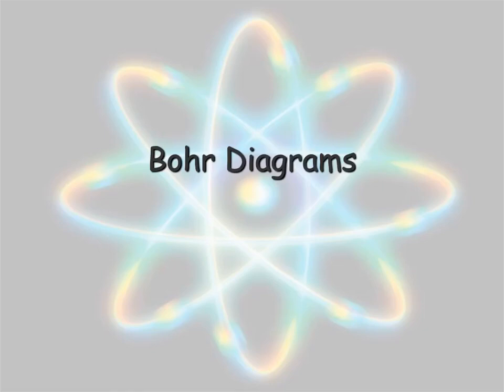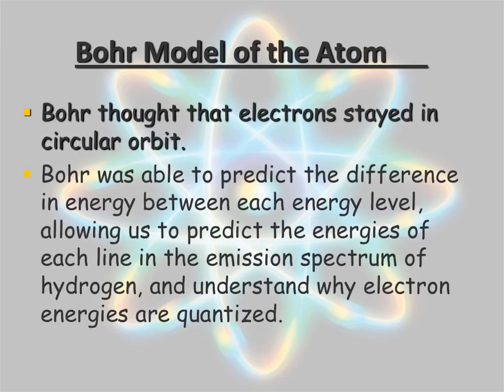Right, in this podcast, we're going to talk about what we refer to as Bohr diagrams. Now, you probably remember Bohr diagrams from middle school. This scientist named Bohr thought that electrons stayed in a circular orbit around the positive nucleus.